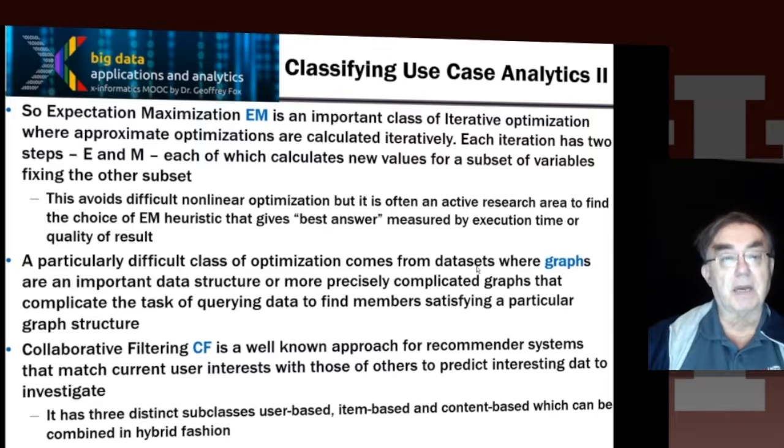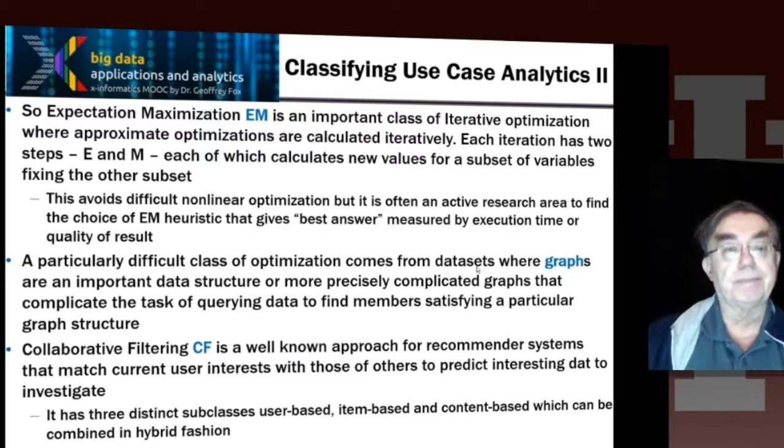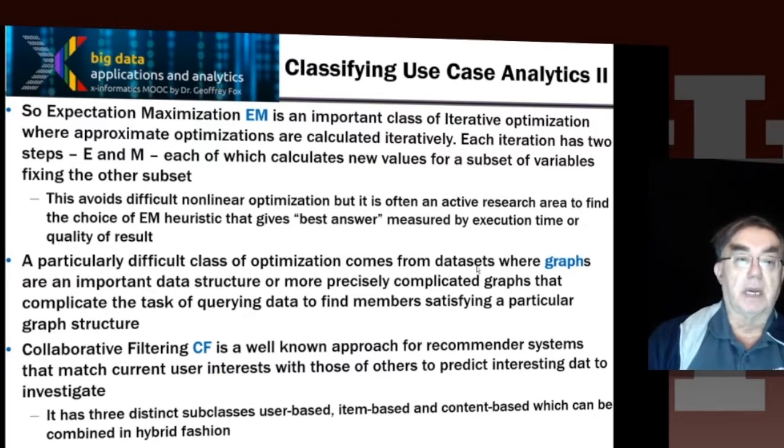I have this classification called expectation maximization. I didn't actually write that down for any of the use cases. Many of them use it. The main reason I didn't is that in most cases you can't actually tell whether they're using it. In some cases where they're using clustering, that uses expectation maximization. I could have written it down, but in most cases I couldn't find out exactly what algorithms they were using. Anyway, it's a class of iterative approach to optimization where you do tractable analyses by making approximations in two steps.